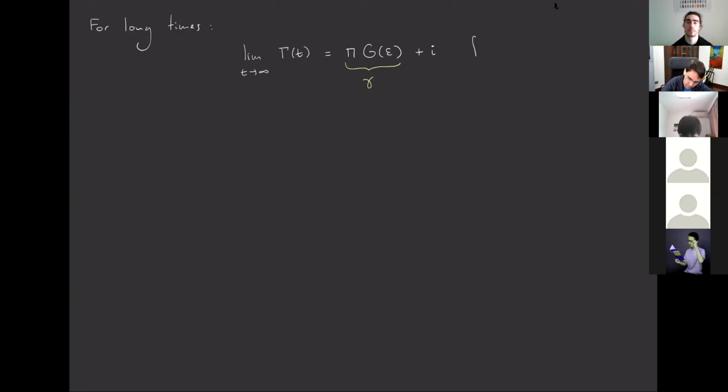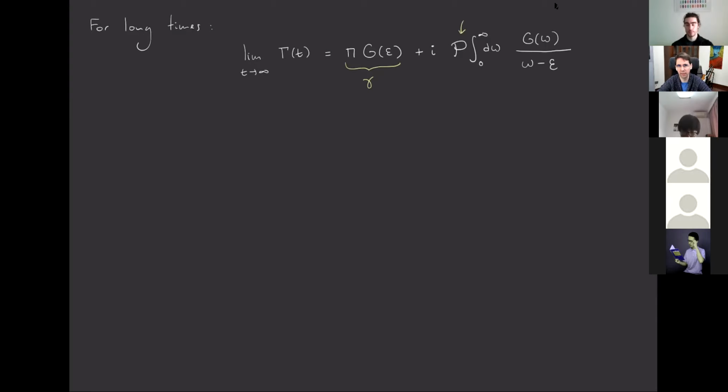It's essentially the integration from 0 to infinity in frequency of the spectral density, but now instead of doing half the Fourier transform, we divide by the pole, by omega minus epsilon. This is an integral that is not convergent in general, and what we get is actually the principal part of that integral.